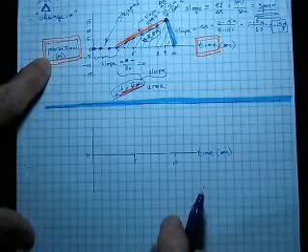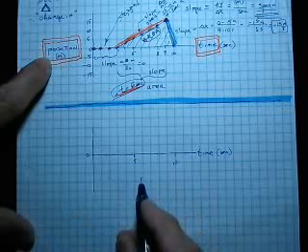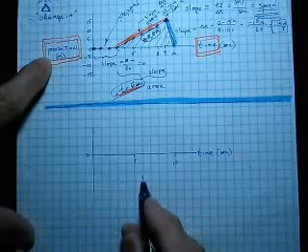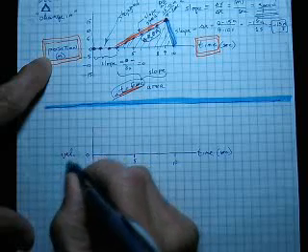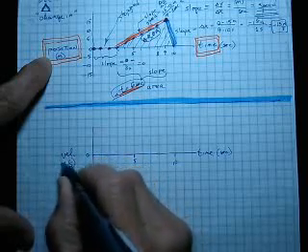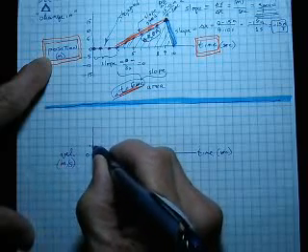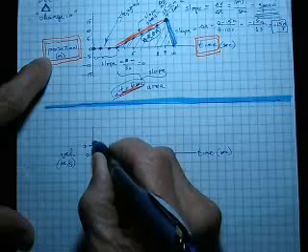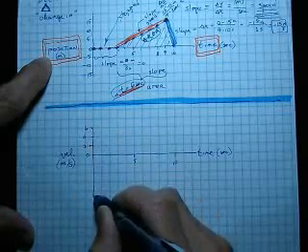This time we're going to have your velocity, just like with the motion detectors. Remember, we had velocity graphs too. So velocity, and this is in meters per second. 0, this might be 2, 4, 6.